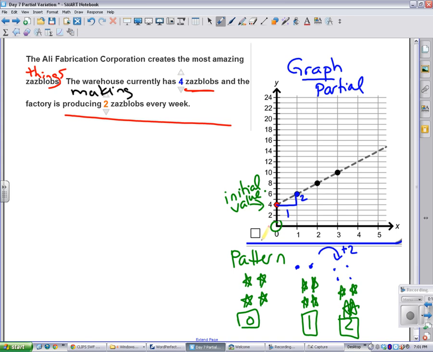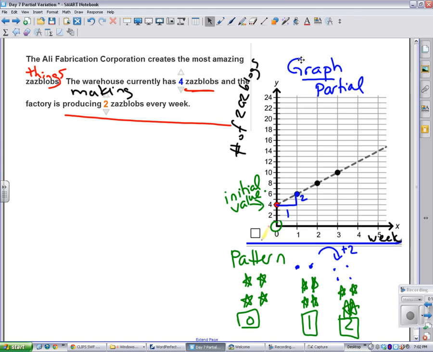So in fact, the graph here could be describing my amount of zablobs in the warehouse. So this is number of zablobs in the warehouse, and this is the week number. So we can see that as the weeks increase, then I have more and more zablobs.